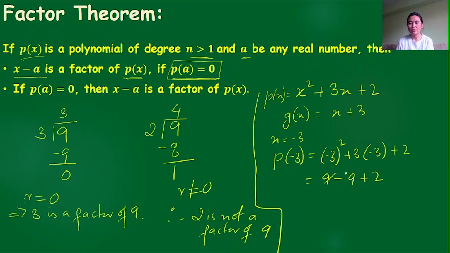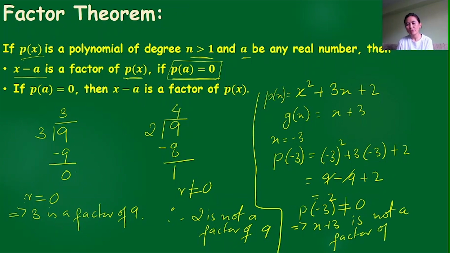So 9 minus 9 is 0, which gives 2. Since p of minus 3 is not equal to 0, this implies that x plus 3 is not a factor of the given polynomial in variable x.